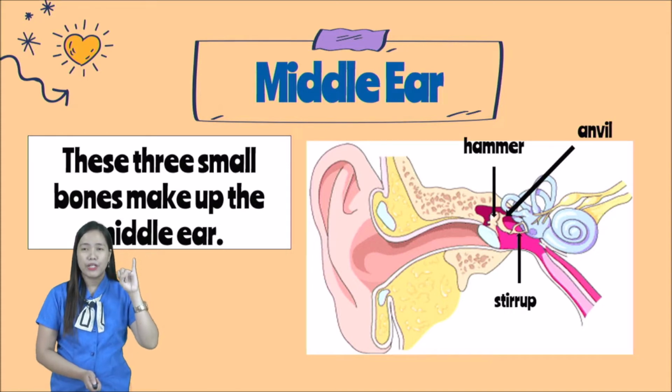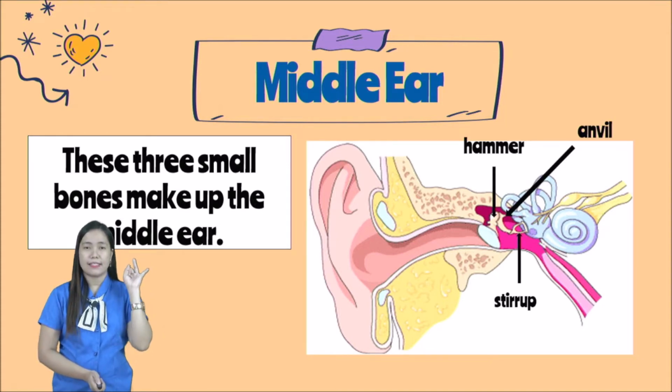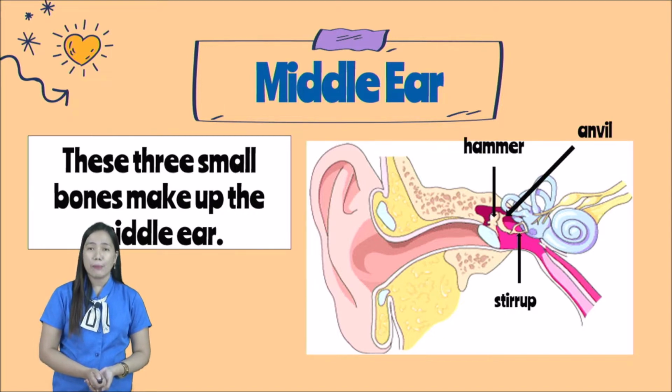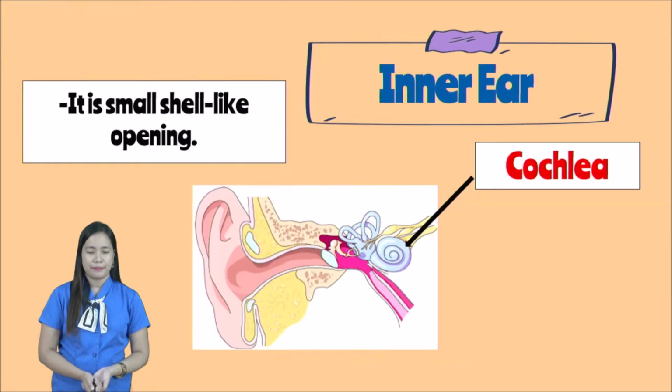Hammer, anvil, and stirrup. Very good. Good job, kids. When the eardrum vibrates, these tiny bones in your middle ear, the hammer, anvil, and stirrup, also vibrate.